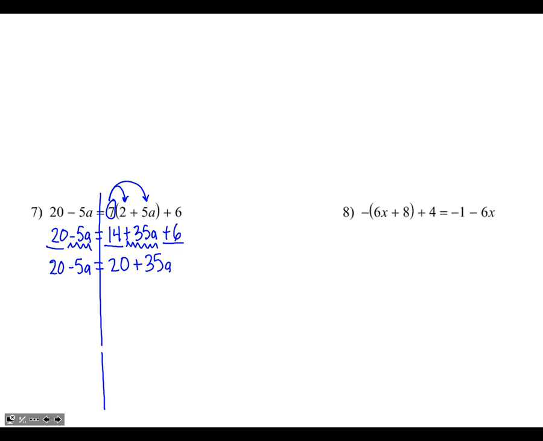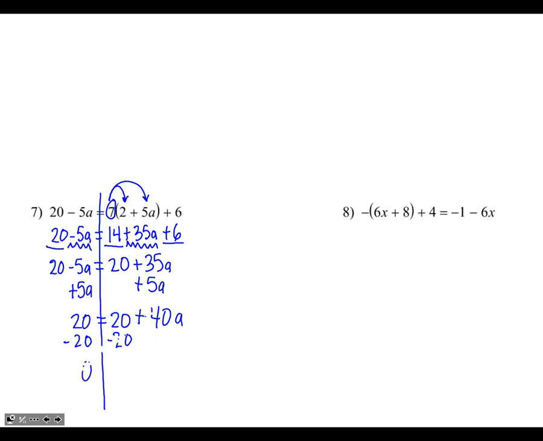So let's see. I need to get rid of the variable term. I'm going to add 5a to both sides. Gives me 20 equals 20 plus 40a. See, my variable terms did not go away. They didn't cancel each other out. Okay, I'm going to subtract 20 from both sides, get rid of this constant. 20 minus 20 is 0.